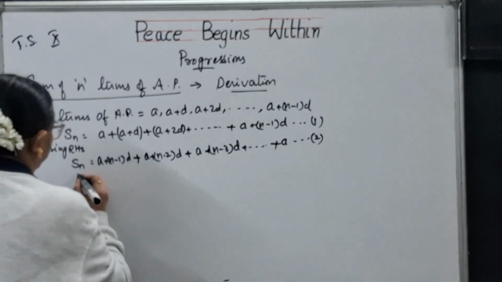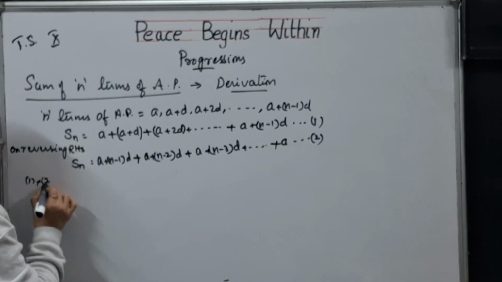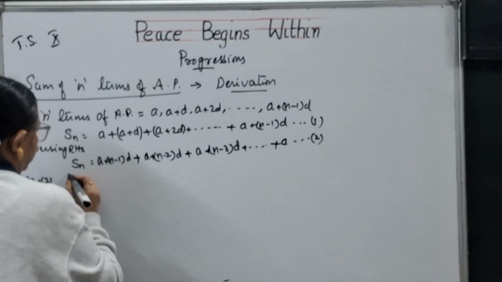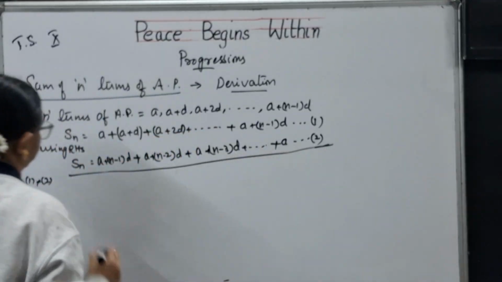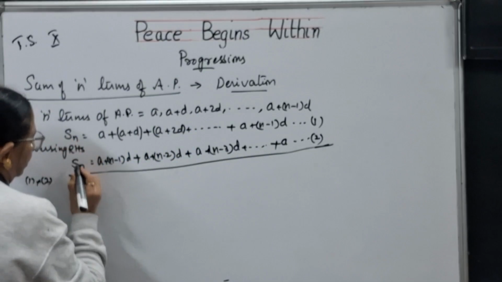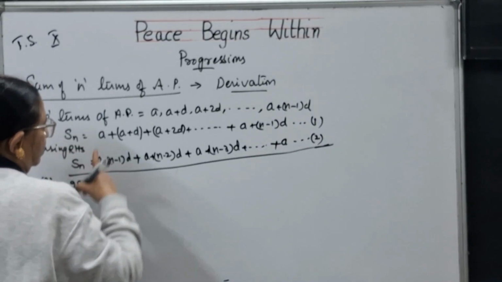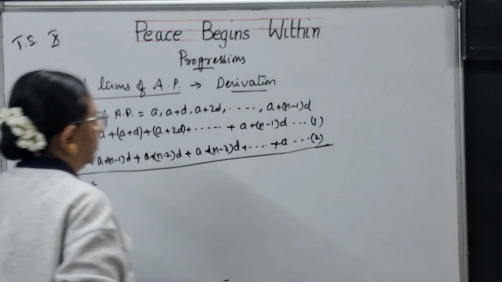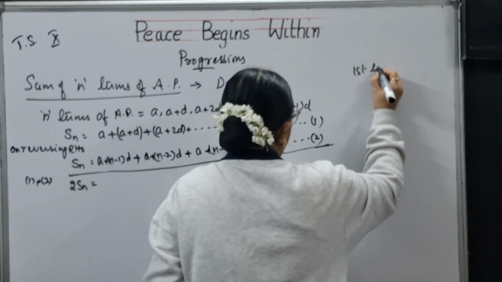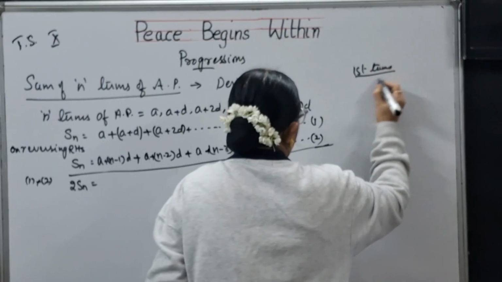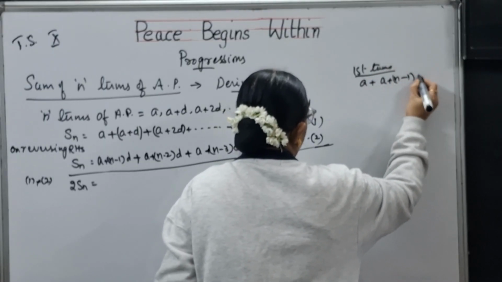Now we are going to add the first equation with the second equation. If you add first with second, LHS Sn and Sn means 2Sn. 2 times Sn is equal to, first terms I am adding: a plus a plus n minus 1 into d.